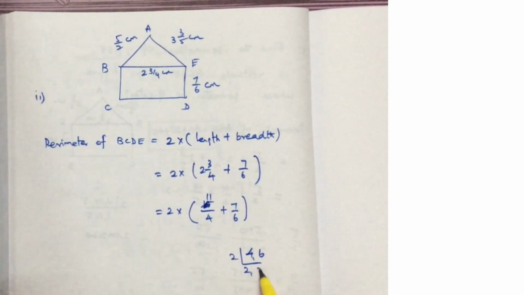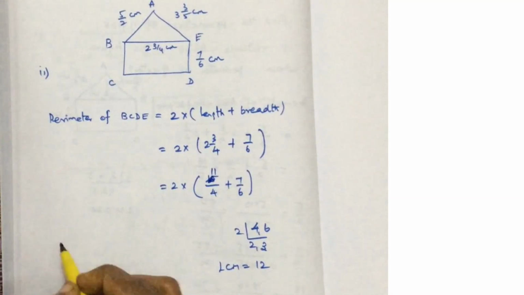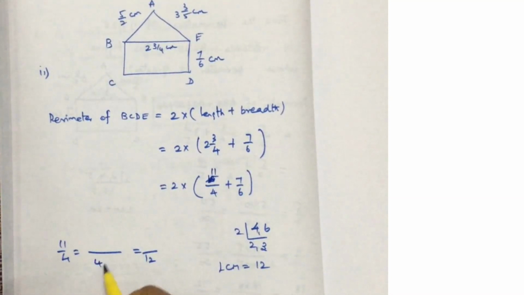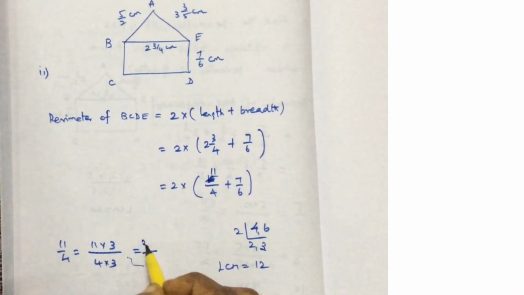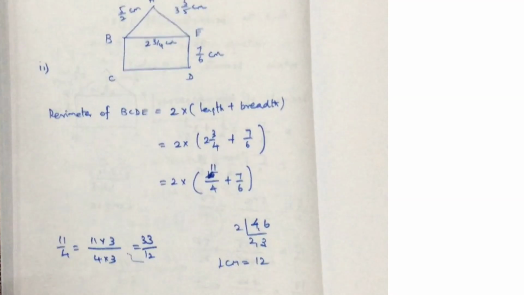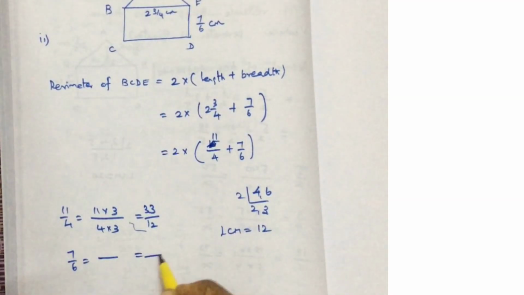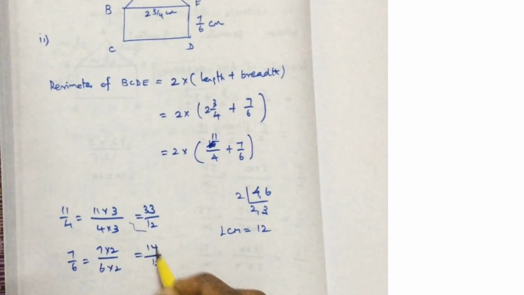So the LCM is 12. Now instead of 11 by 4, I can write 4 multiplied by 3 and 11 multiplied by 3, that is 33 by 12. And for 7 by 6, 6 multiplied by 2, 7 multiplied by 2, so 14.